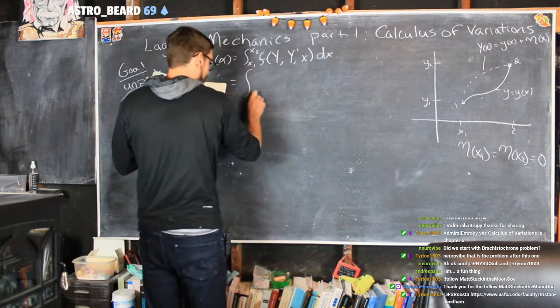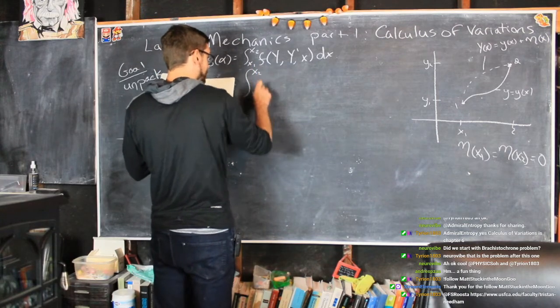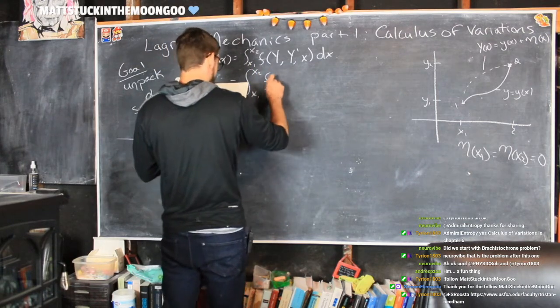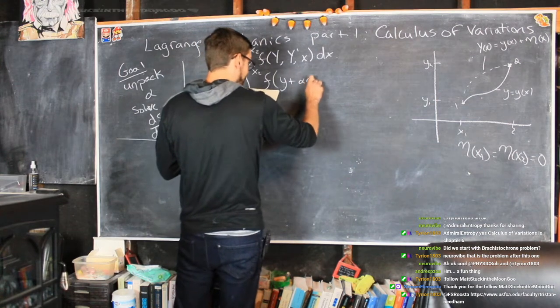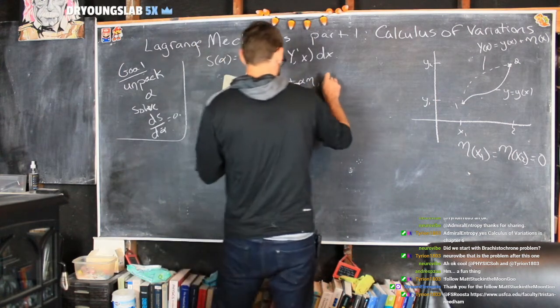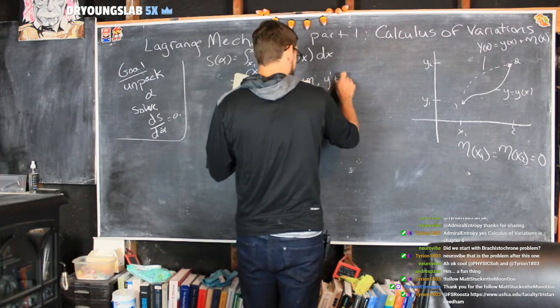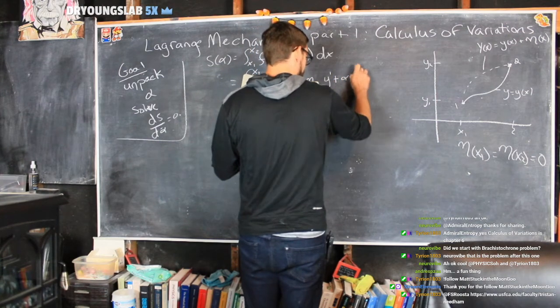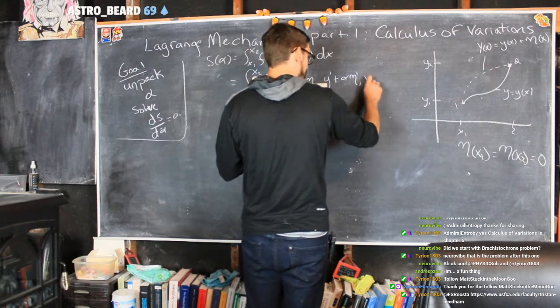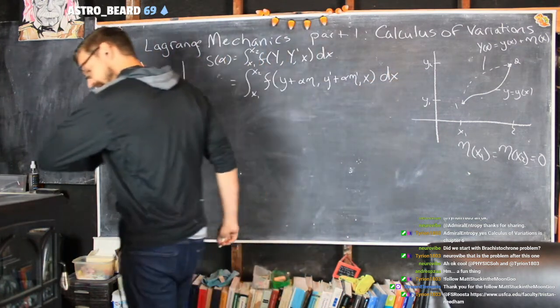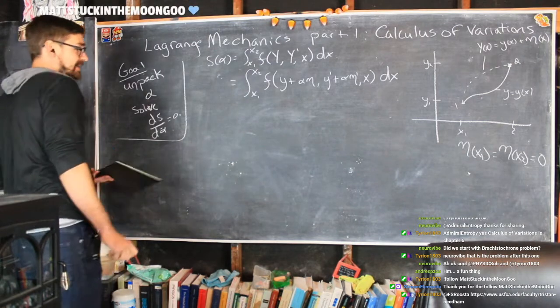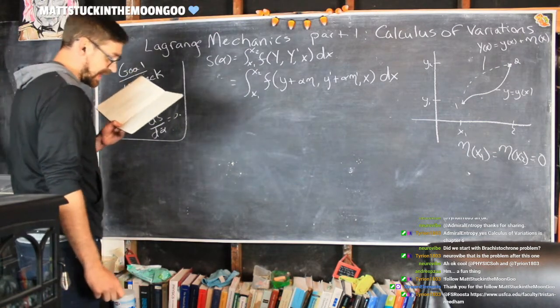We know that that's also f of little y plus alpha eta, y prime plus alpha eta prime, x dx. Okay? And so now we can evaluate our integral.